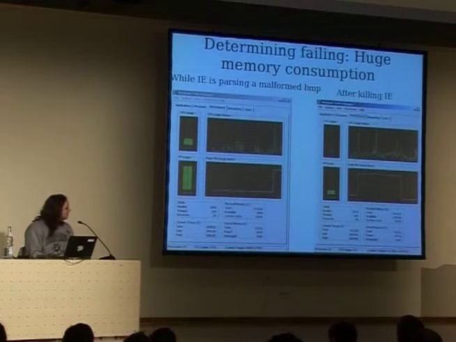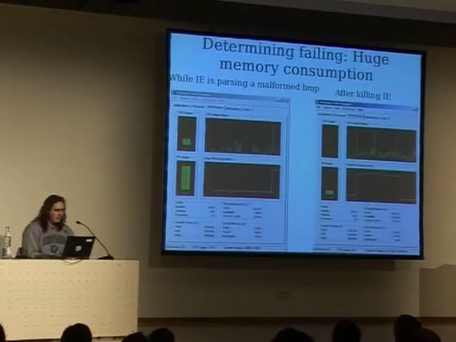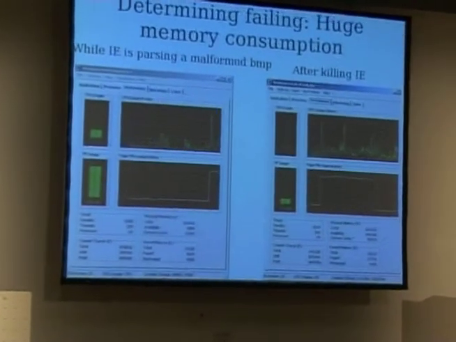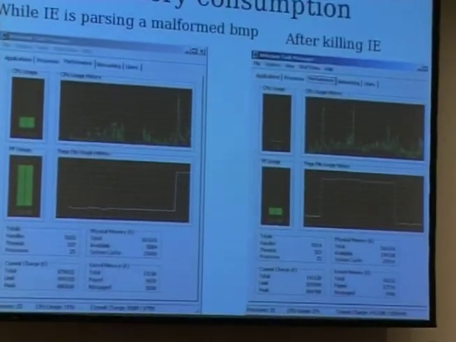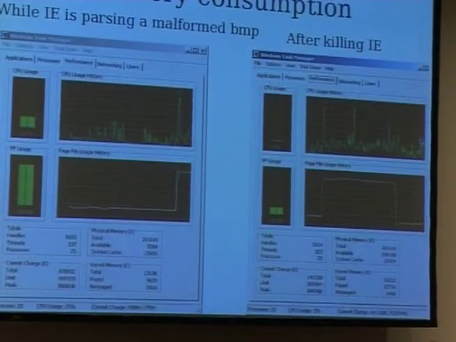Huge memory consumptions. This is from a real case, by the way. I was doing some fuzzing on Internet Explorer, and I made some bitmap fuzzing tools. At some point, I came across some bitmap, and my mouse was hardly moving, and things were going very, very badly, and there was a huge load.